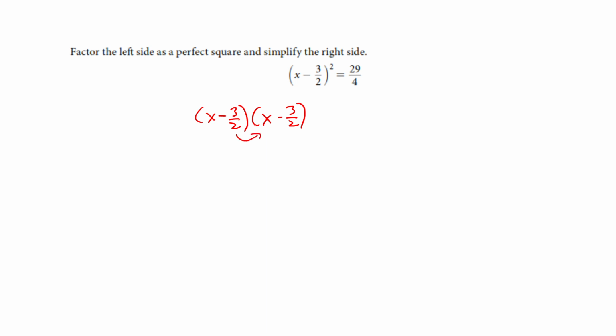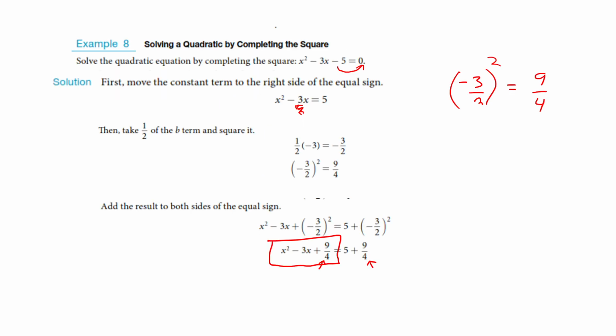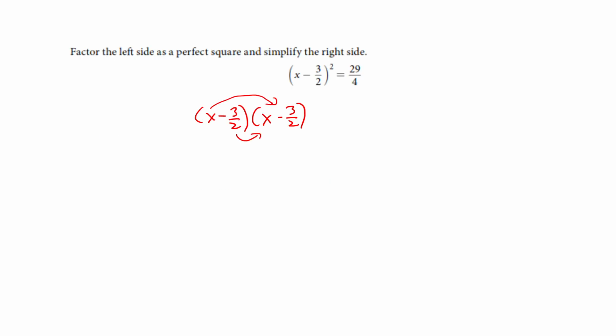You're going to get a negative 3 halves x there. You're going to get a negative 3 halves x there. If you put those together, it's going to be negative 3. Now, they shouldn't have started with a fraction one here, in my opinion, because this is confusing enough, unless you've seen it before, which maybe you have, but a fraction was a bad choice. But okay, so this special trick allows you to factor it where you've got a square.